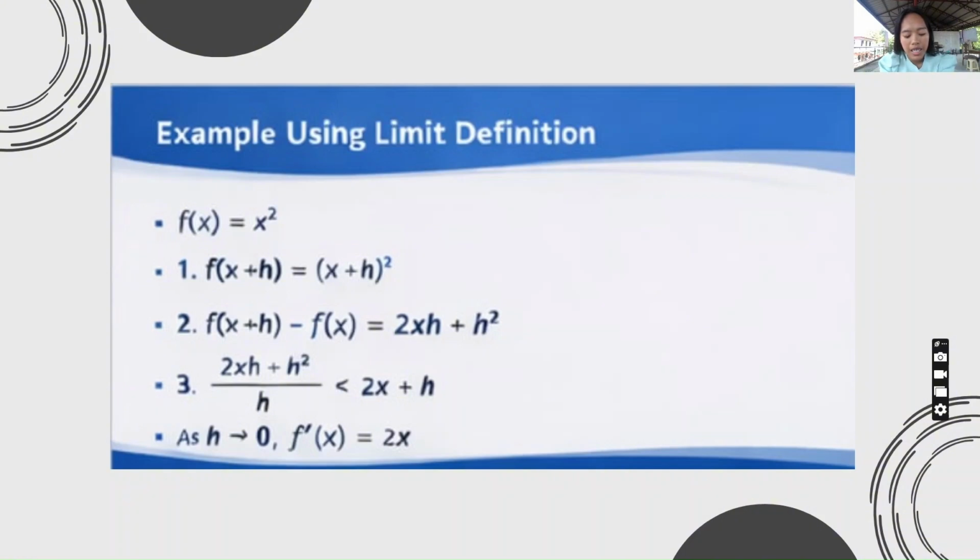Therefore, f prime of x is equal to 2x. This example shows how the derivative measures the slope at any point x. For instance, at x is equal to 3, the slope of y is equal to x squared is 6. The step-by-step approach demonstrates how limits produce the derivative.